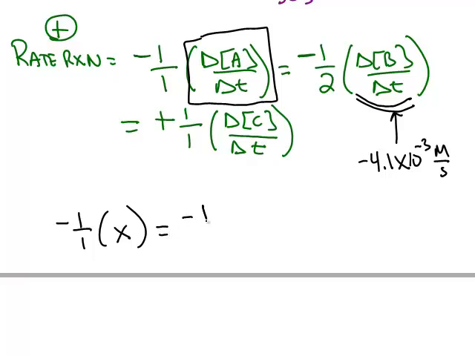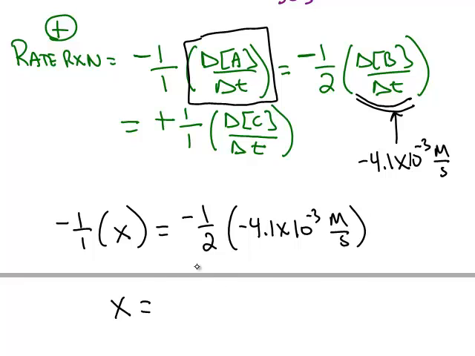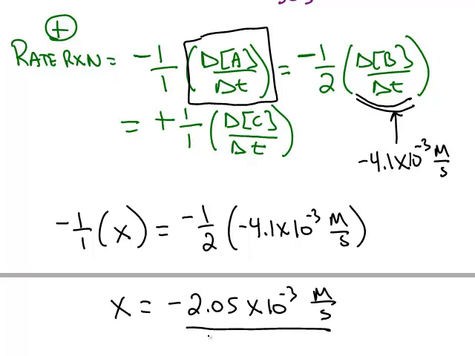That's equal to negative 1 over 2 times negative 4.1 times 10 to the negative 3 molar per second. Solve for x. We're going to get a negative 2.05 times 10 to the negative 3 molar per second.